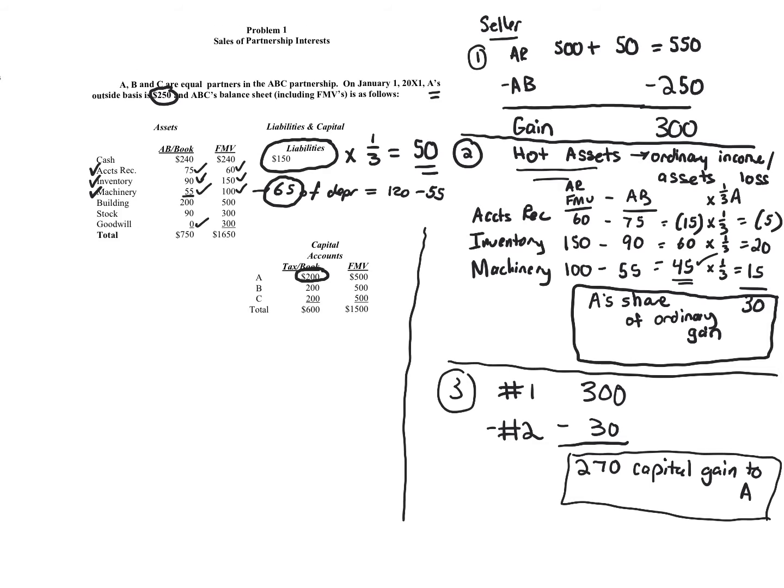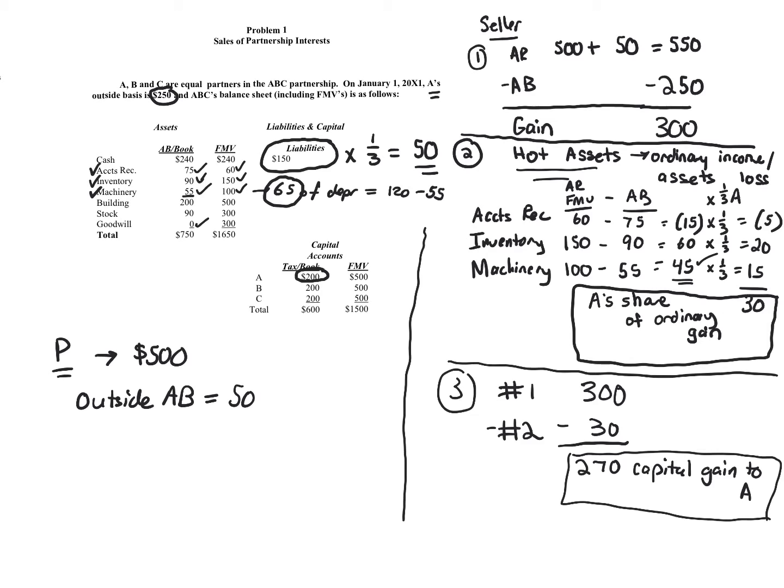With respect to the purchaser, P, we're told again that P pays $500 cash. So we need to know two things. What is P's outside basis? And we also need to know what happens with respect to the partnership to P. So P's outside adjusted basis is the $500 paid.